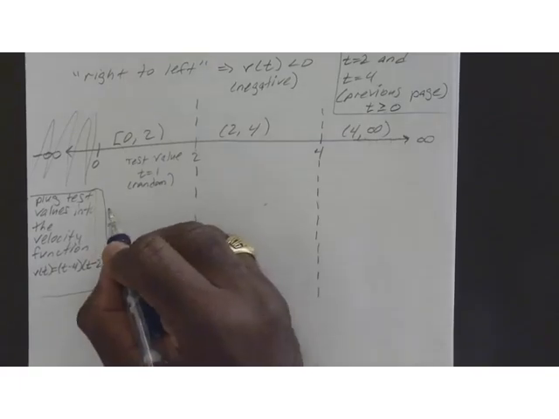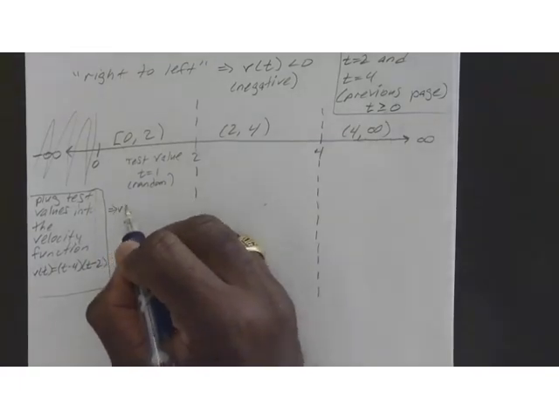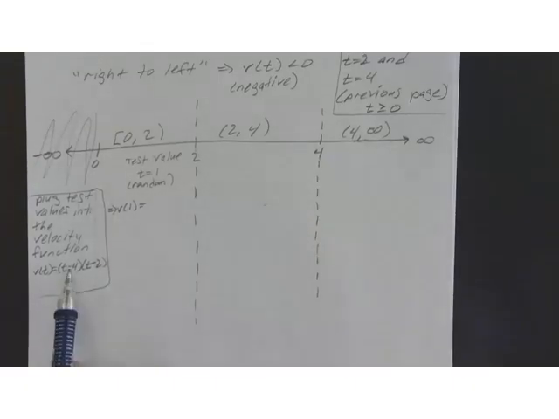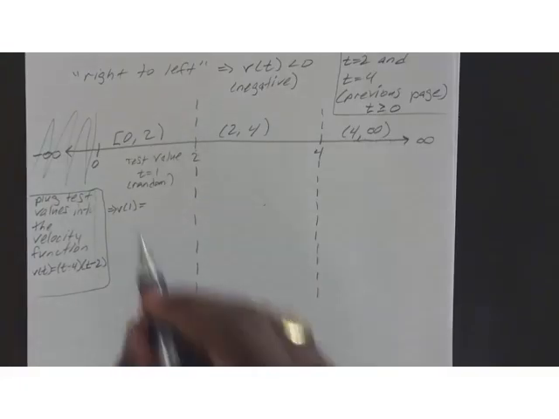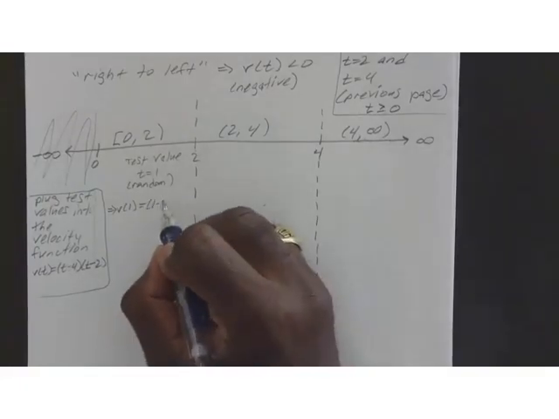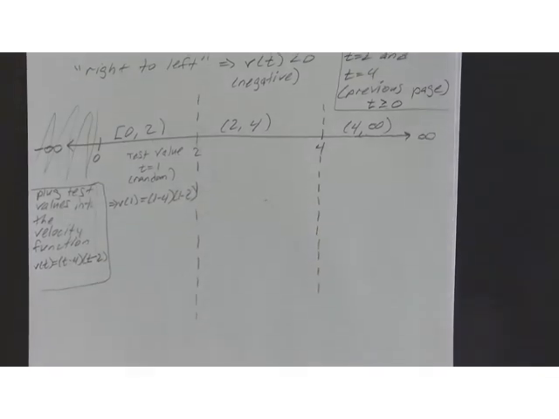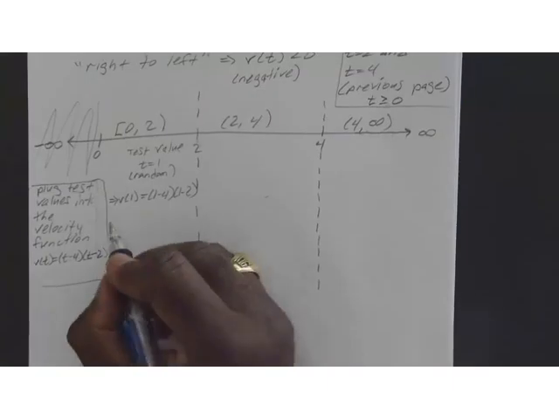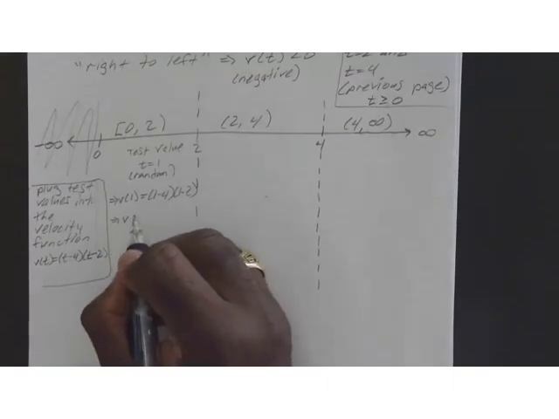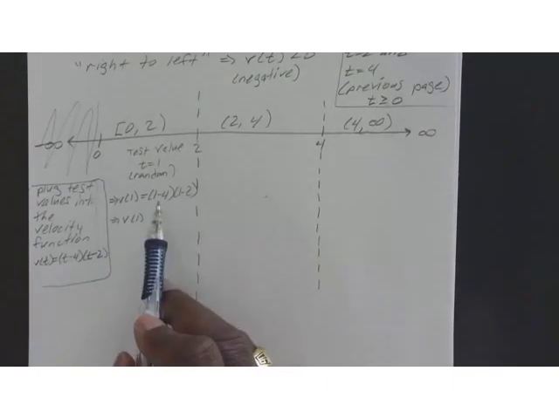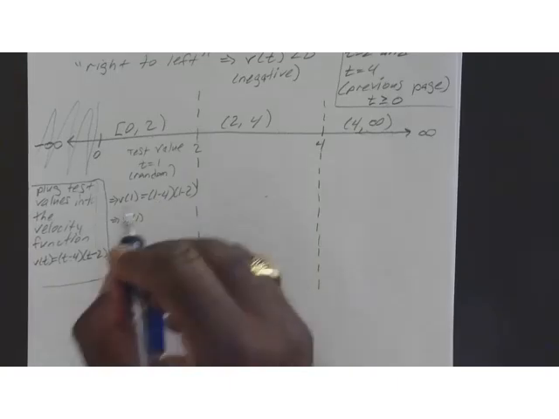So our velocity at 1 second is going to be 1 minus 4 times 1 minus 2, which is negative 3 times negative 1.